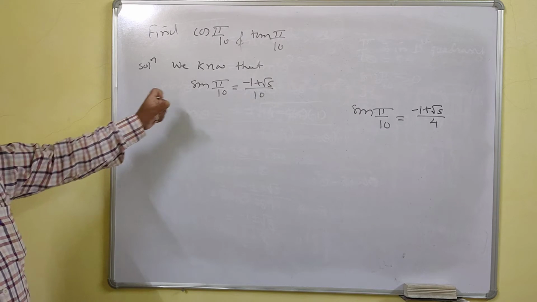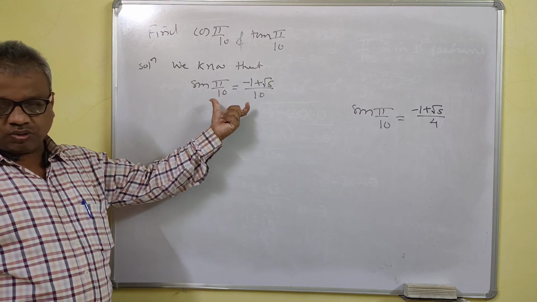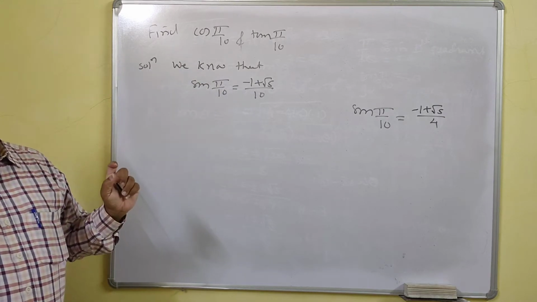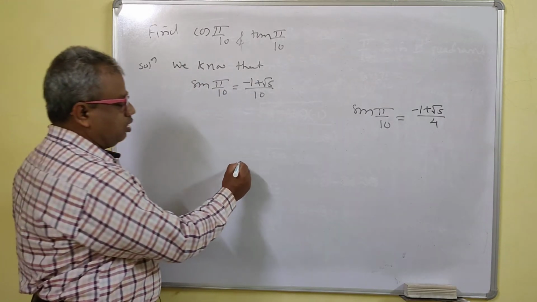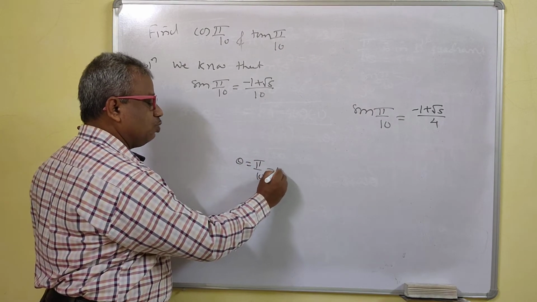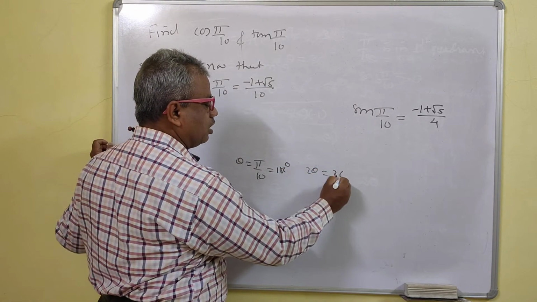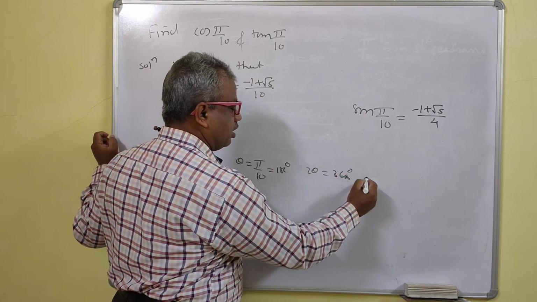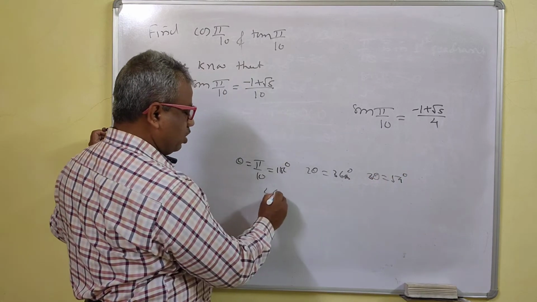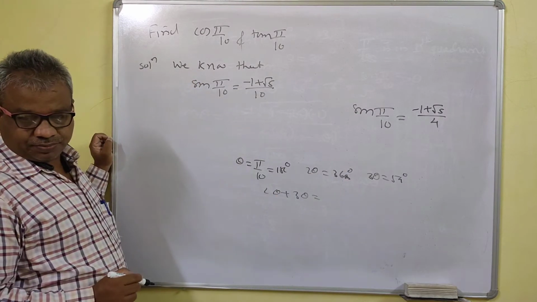If you don't know this value, if you are not sure about this one, then separately evaluate cos pi by 10 using the same formula. Take theta equal to pi by 10, so this will be 18 degrees. Then 2 theta is 36 degrees, 3 theta is 54 degrees, and 2 theta plus 3 theta is 90.